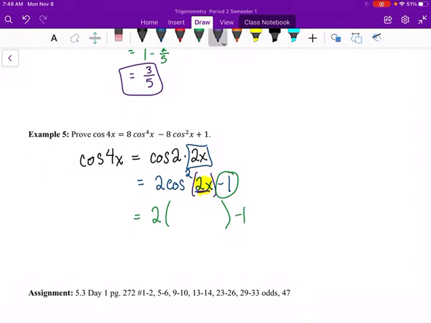On the inside, we're applying that double angle formula again, so that's going to be 2 cosine squared of x minus 1, and this is going to be squared.